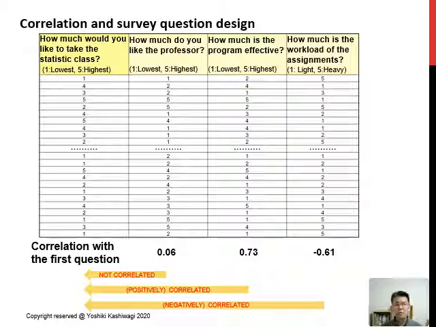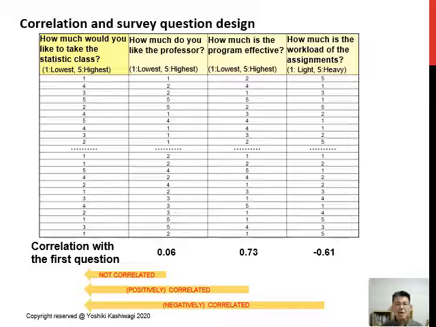You can also apply this technique or concept when you make survey questions. Now let's say we have 4 questions. The first one, how much would you like to take the statistics class? 1 is the lowest, and 5 shows the highest.